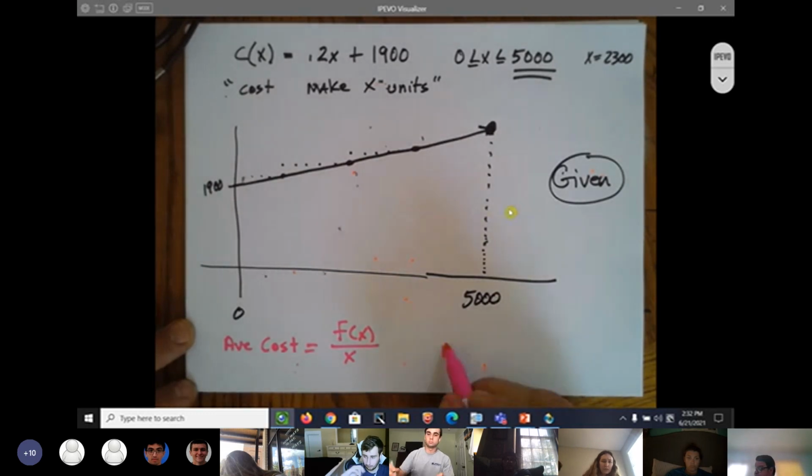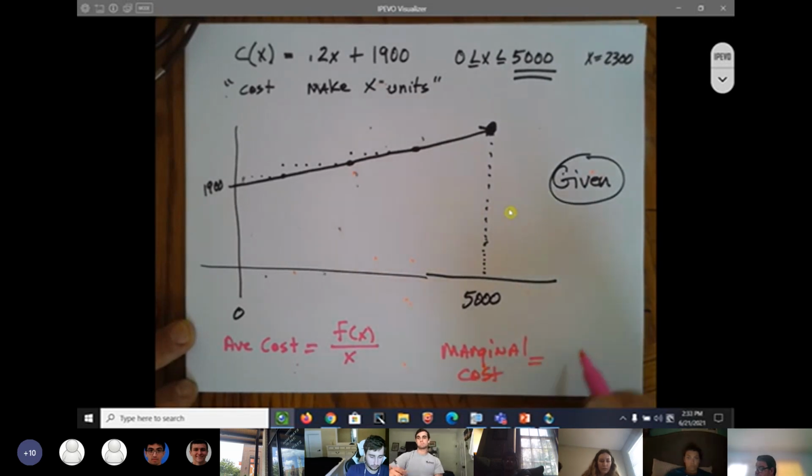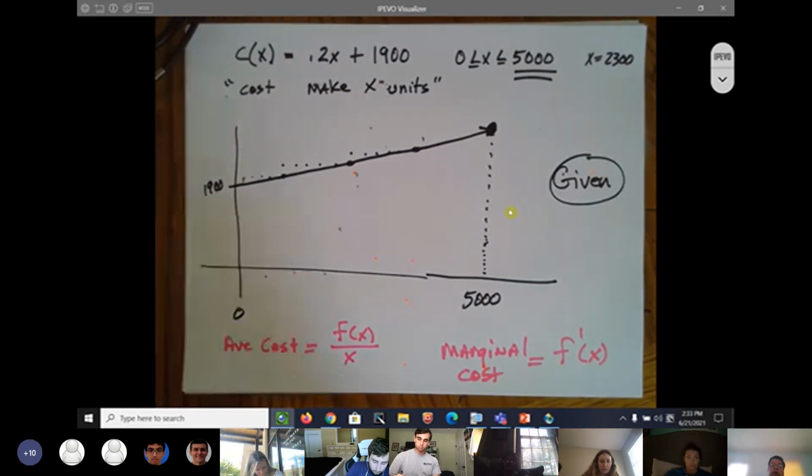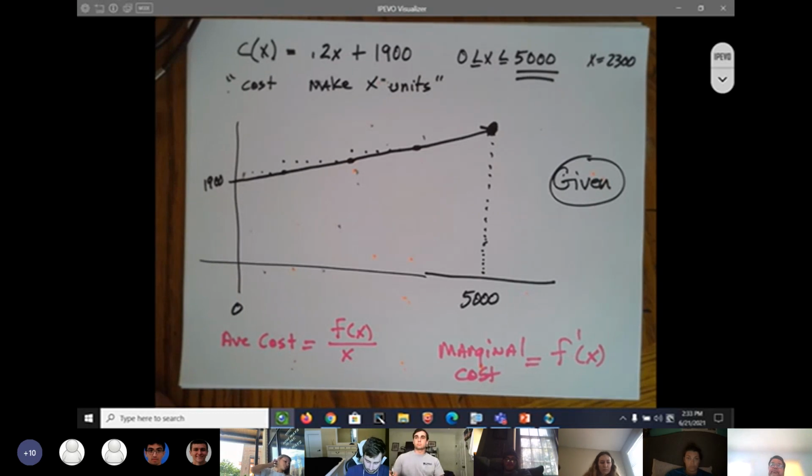And your marginal cost is equal to f prime of x. So I want each of you right now to find the average cost, divide the function by x, and find the marginal cost, take the derivative of the function. So do that right now. All of you should be able to do it. If you can't do it, then we'll just consider that failure.